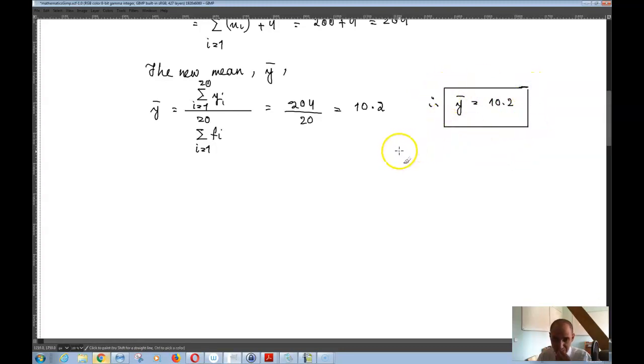Now the next thing that we want to calculate is your standard deviation.